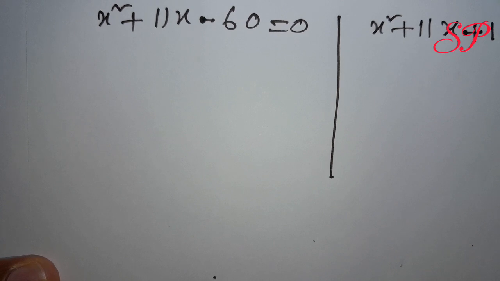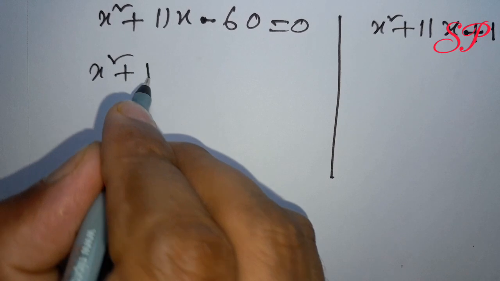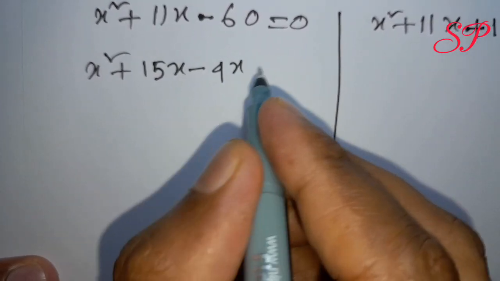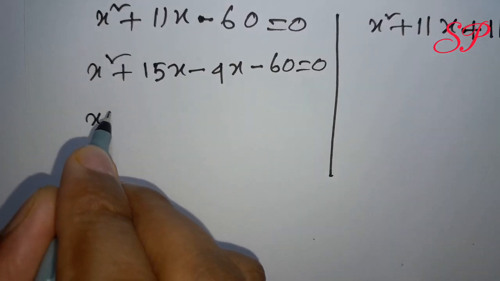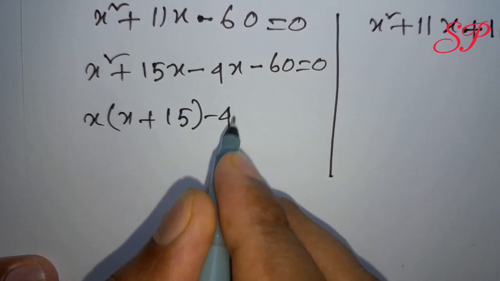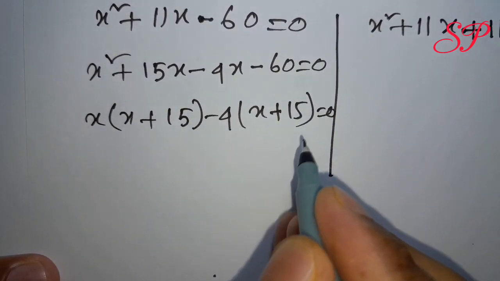Then we can write here x square plus 15x minus 4x minus 60 is equal to 0. Here x is common: x(x plus 15) minus 4(x plus 15).